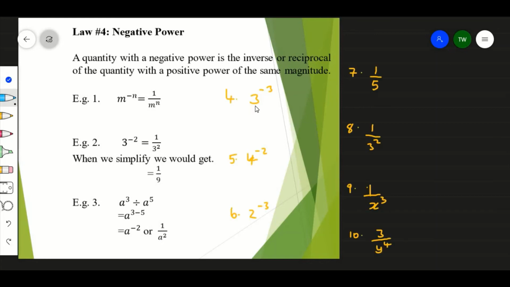Let's look at some more examples. Example 4, we have 3 raised to the negative 3, and we want to write this in positive form, then this is going to equal 1 over 3 to the 3rd power, which is the same thing as 1 over 27.